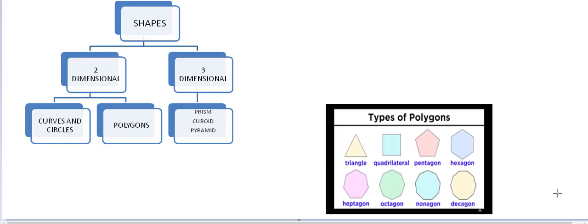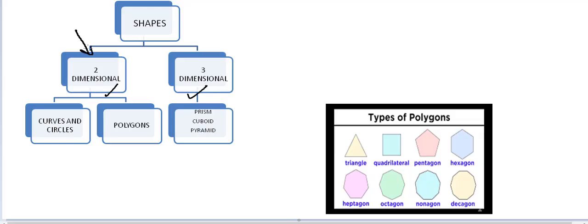Next we are going to study about shapes. Shapes are basically of two types. The very first type of shape is two-dimensional and the second one is three-dimensional. What do two-dimensional and three-dimensional stand for?